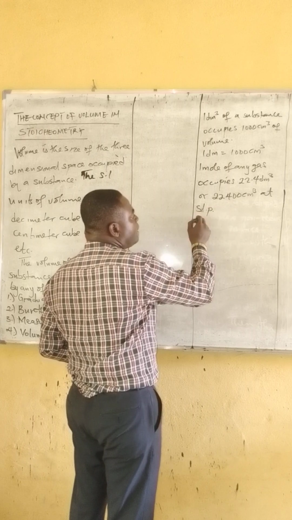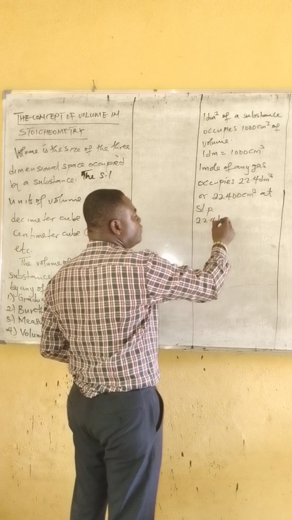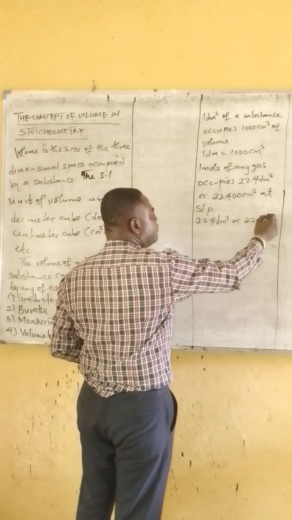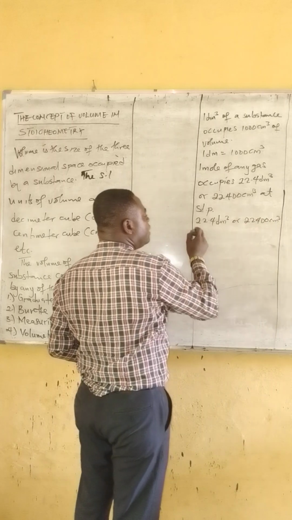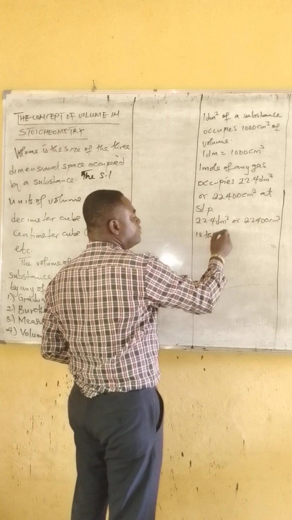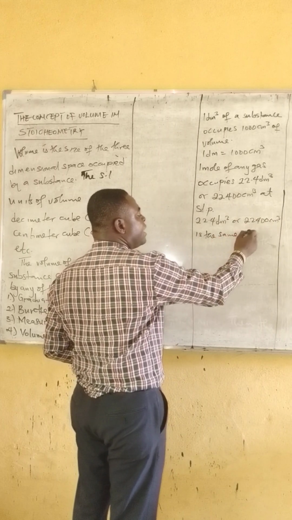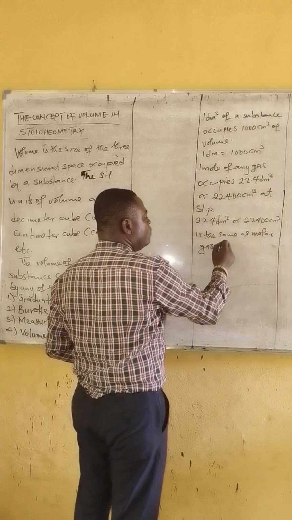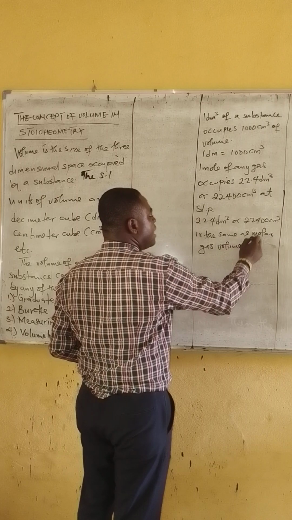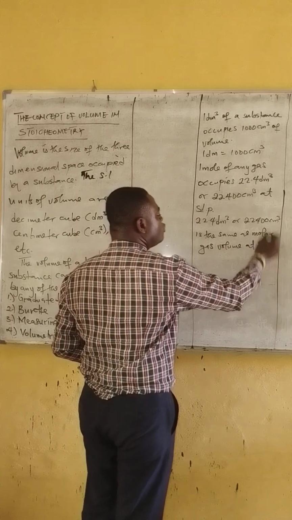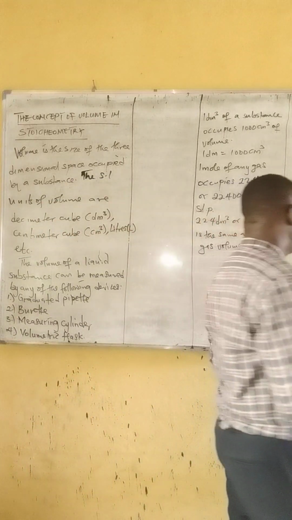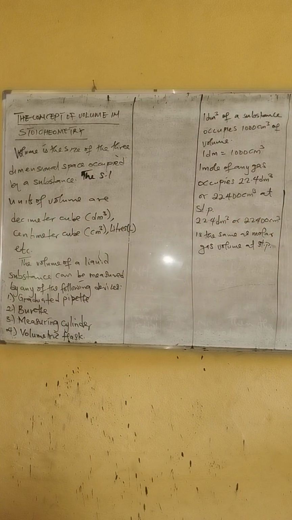So this 22.4 dm cube or 22,400 cm cube is the same as molar gas volume at STP. So that is the space 1 mole of any gas will occupy.